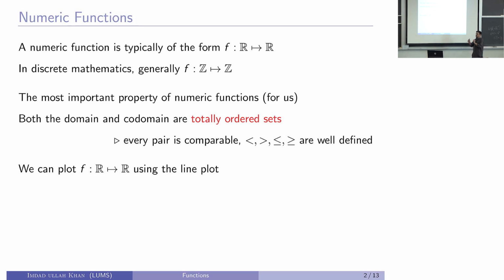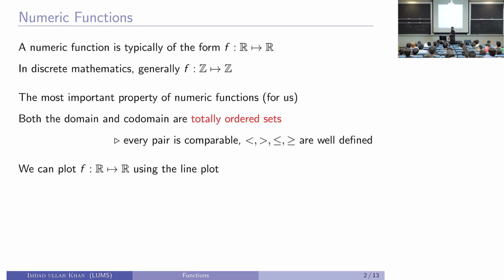So, these are numeric functions, right? Numeric functions generally mean functions which work on reals, numbers. Sometimes in the computer science context, we restrict ourselves to integers also, especially when we do cryptography and number theory, group theory, algebra, where we generally assume integers.